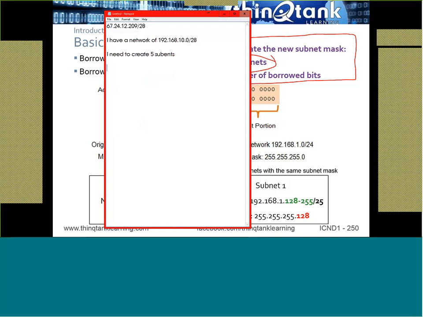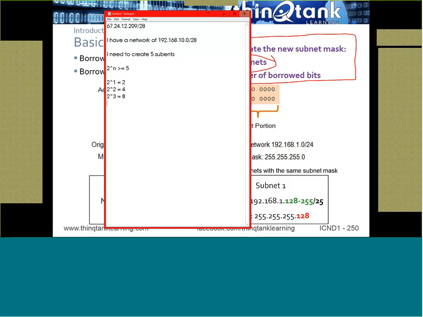I need 5 subnets, so I do the math. 2 to the power of n has to be greater than or equal to 5. If I say 2 to the power of 1, that's going to equal 2. If I say 2 to the power of 2, that's going to equal 4. That's not enough. But if I do 2 to the power of 3, that's going to equal what? 8.